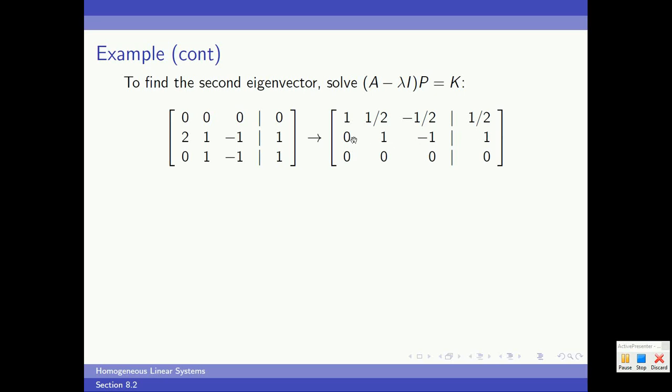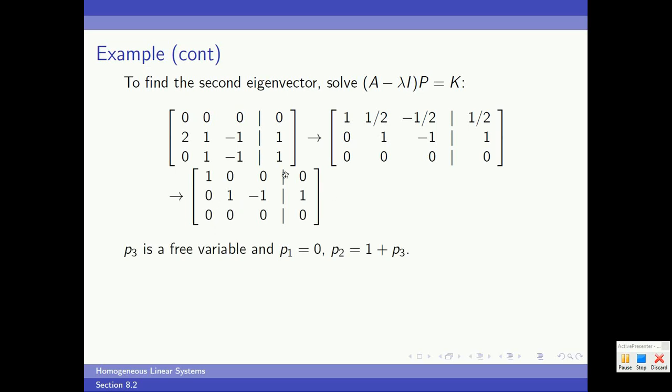And then I can multiply the second one times negative 1/2 and add it to the top. It simplifies. So to find my p, my p3 is free. This equation says P2 minus P3 is equal to 1. So that means P2 is 1 plus P3. This one says my P1 is equal to 0.